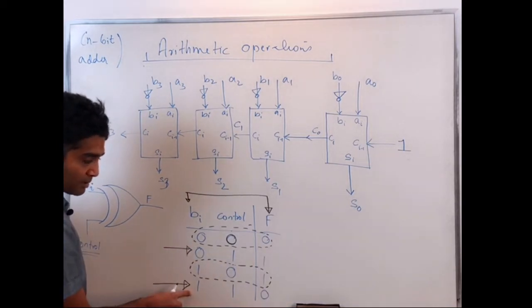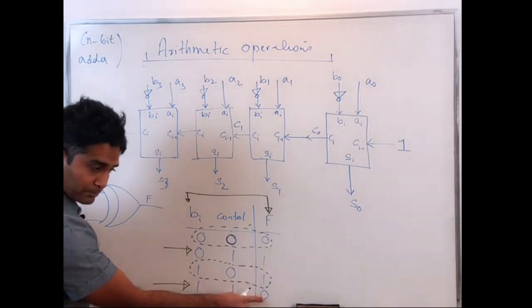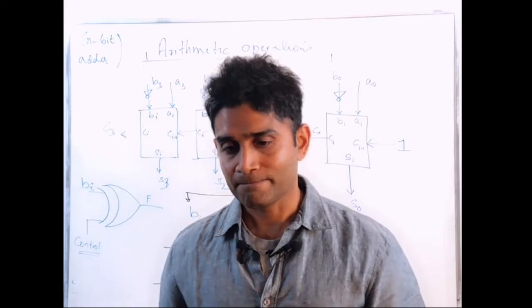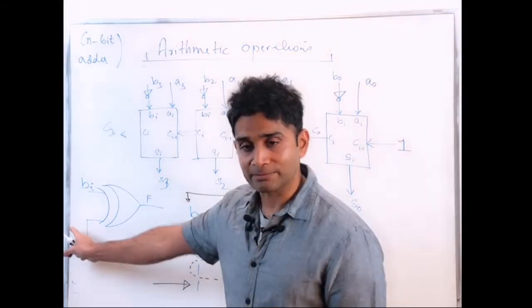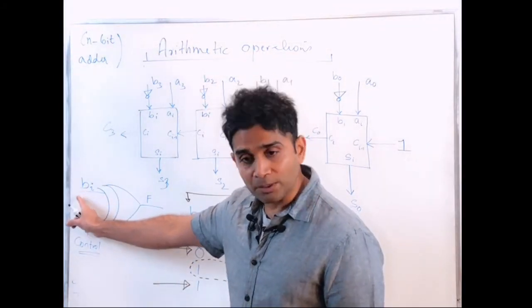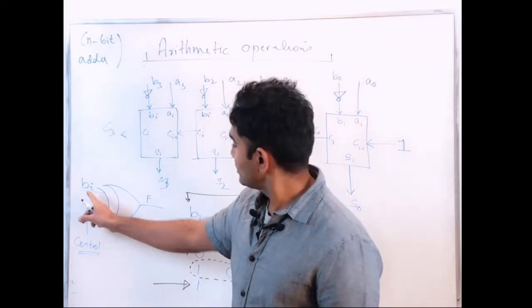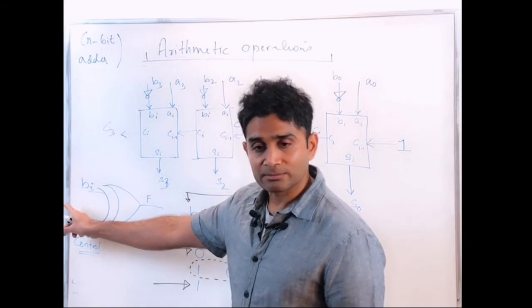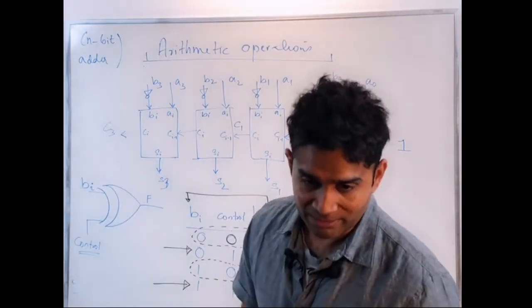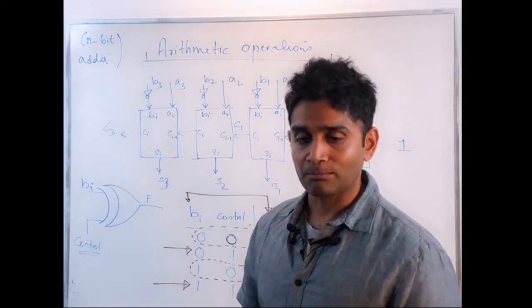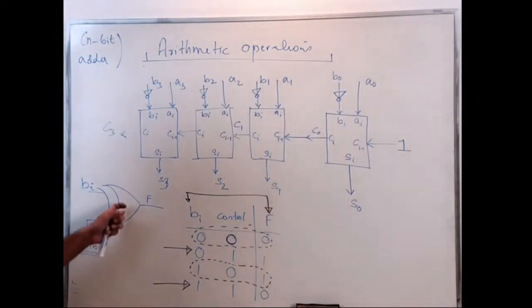BI is 1, output is 0. So by applying the control on the XOR gate, I can get an F which is the inverted version of BI, or the non-inverted version of BI, BI itself. I can control this by will using the XOR gate.